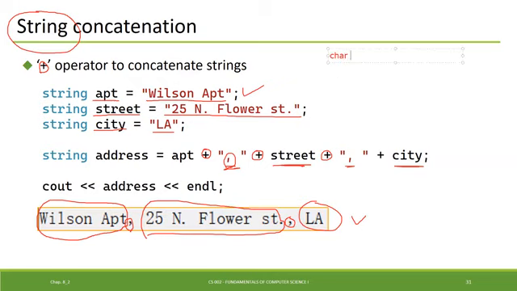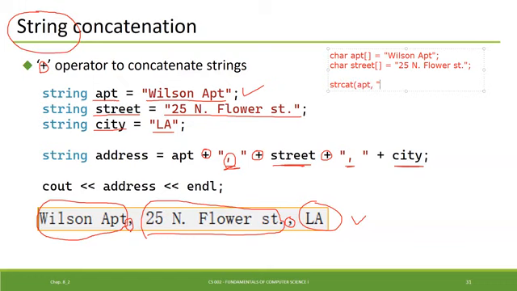char apt, Wilson, apt. Because sometimes it is confusing. So if you want to concatenate these two, then strcat, apt.